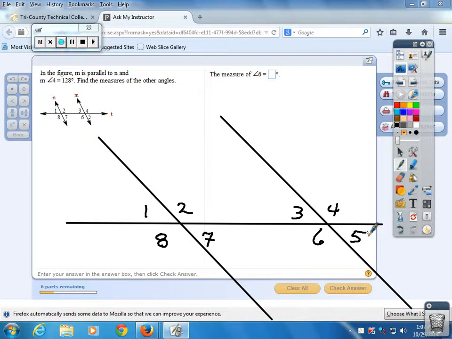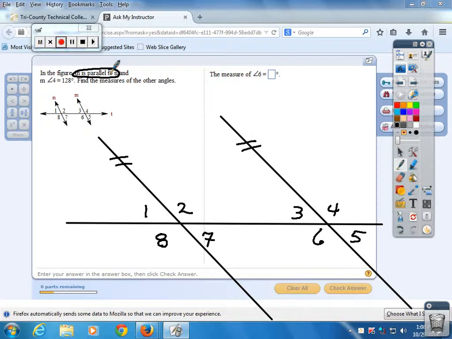Now, if these two lines are parallel, and I'm going to put a parallel symbol there and a parallel symbol here, because it says M is parallel to what? N. So are they the same line, only different locations? Yes, these are the same lines.